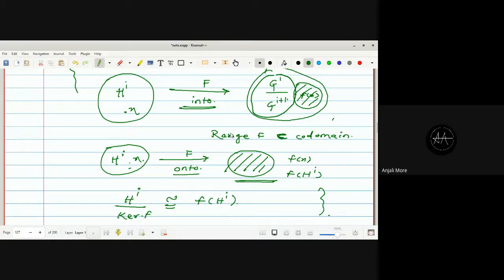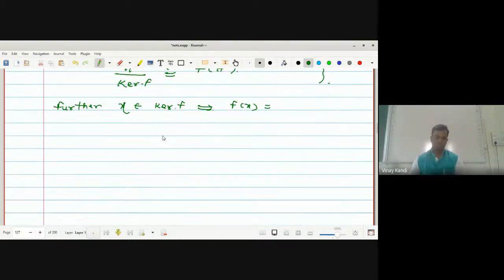G raised to i plus 1, that is the i plus 1 derived subgroup of g. But by the definition of f of x, this is x into g raised to i plus 1, which is equal to g raised to i plus 1. That implies x belongs to g raised to i plus 1.